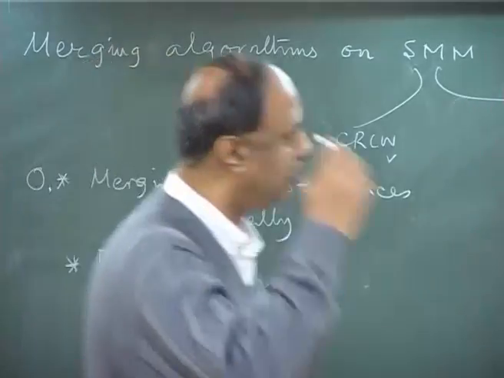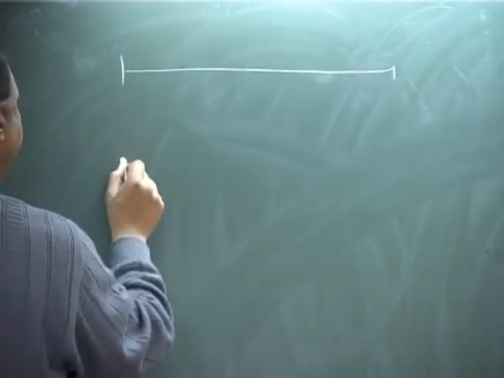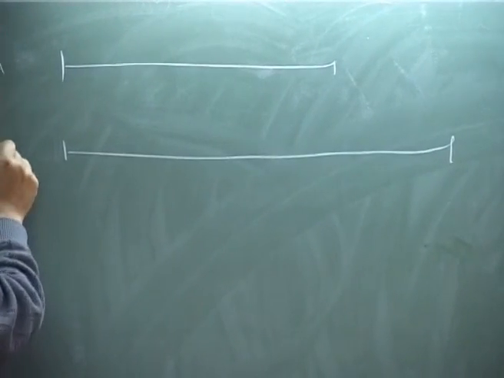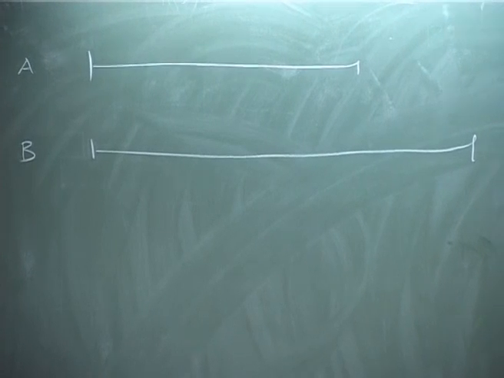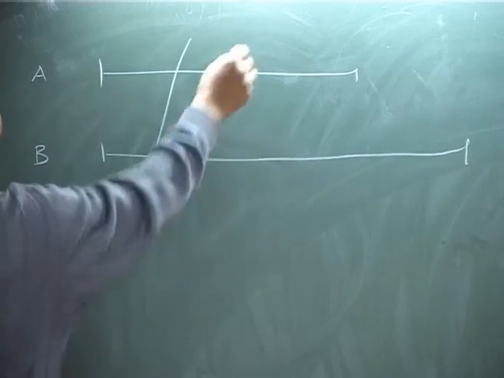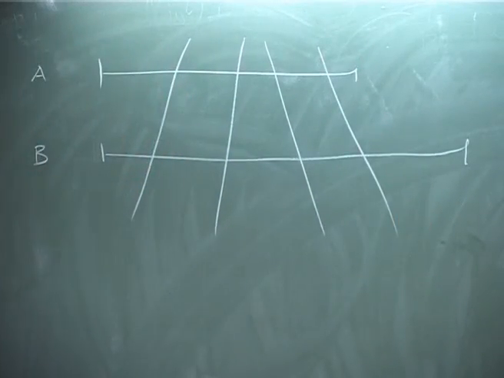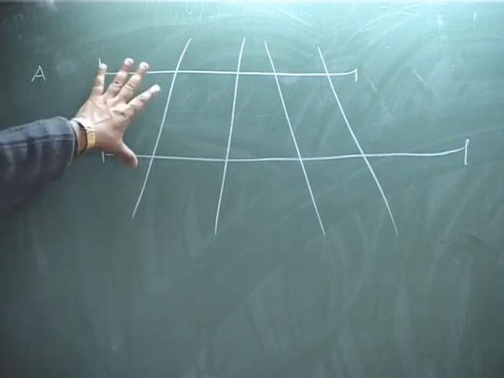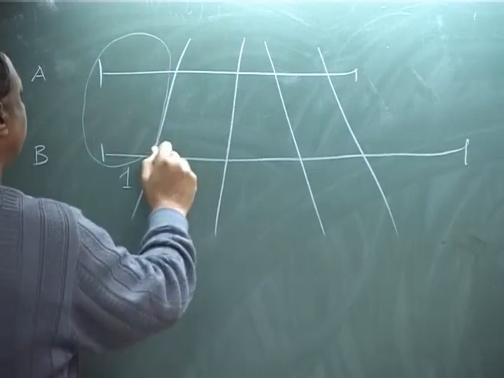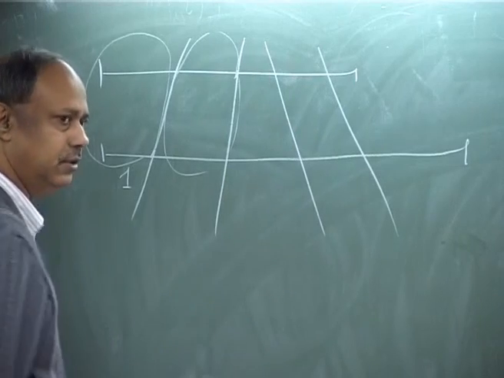Now what is the aim? The aim is that you have the two sequences A and B, and you have to divide A and B into n groups, such that one processor can be employed to merge this, another processor to merge that, and so on.